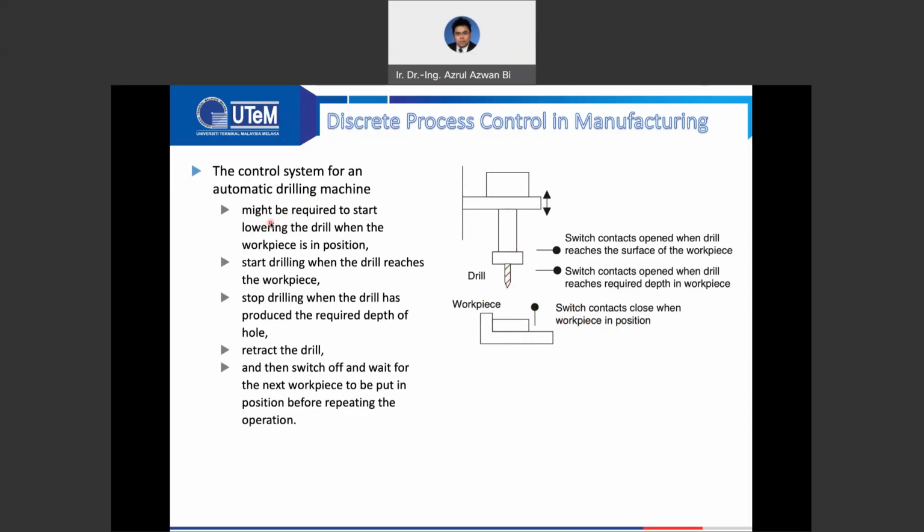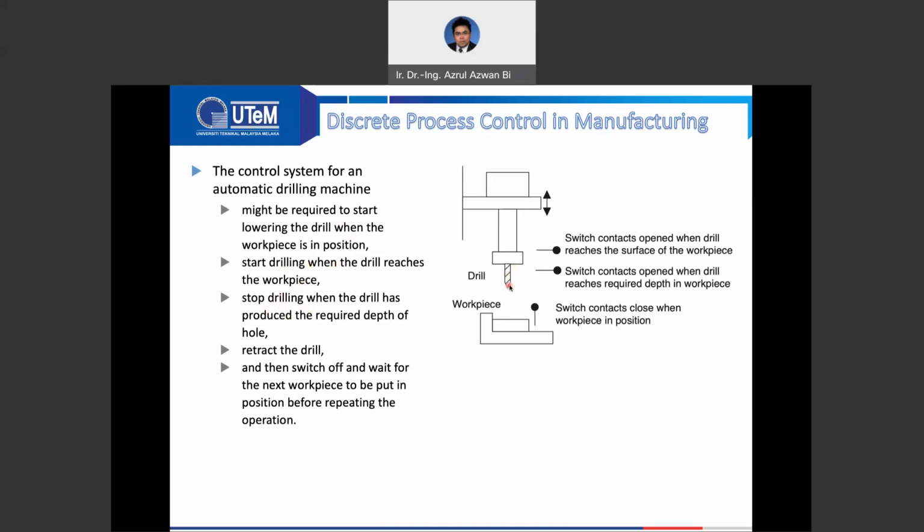First, the drill might be required to start lowering. So the drill moves, and when the drill bit touches the workpiece, it will start drilling, and it will stop drilling whenever it reaches the required depth.